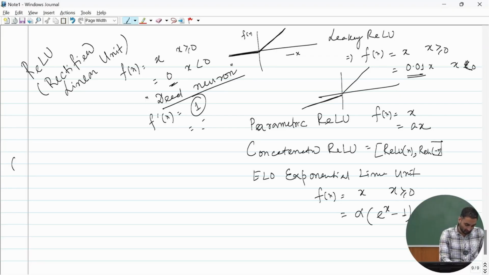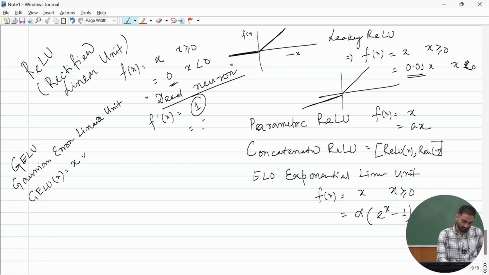There is another variation called GELU, Gaussian error linear unit, right? So GELU of x is x times phi of x. What is this phi of x?